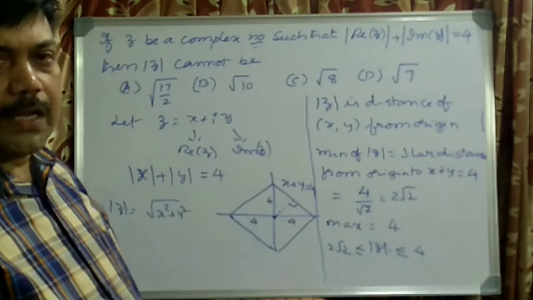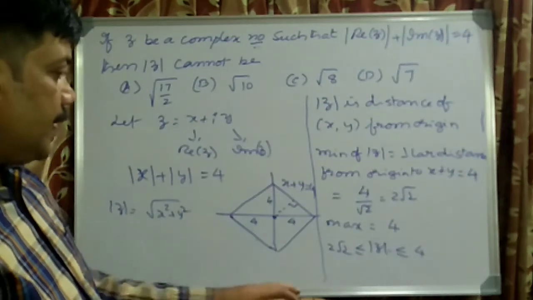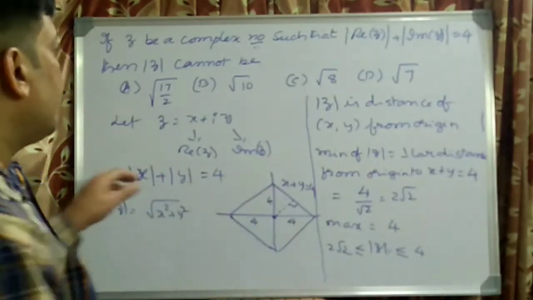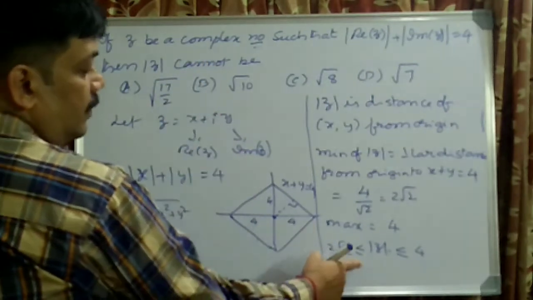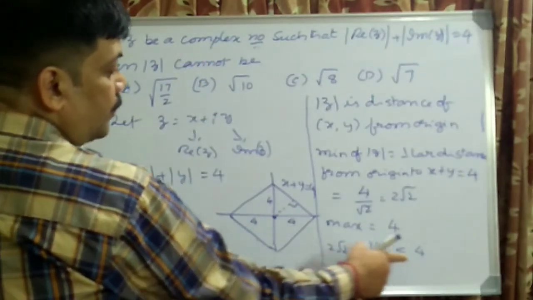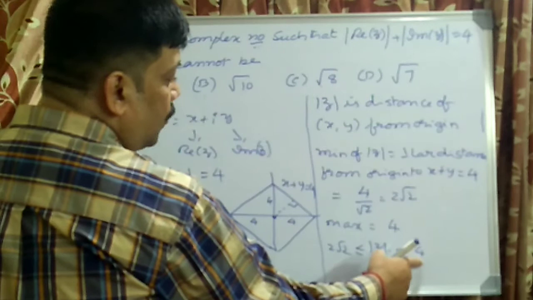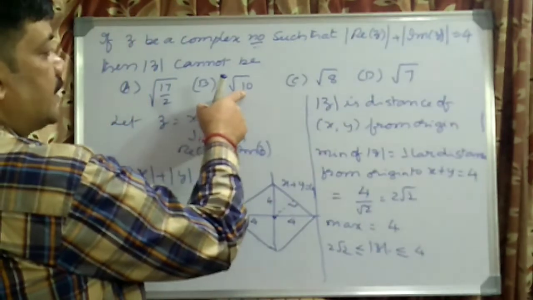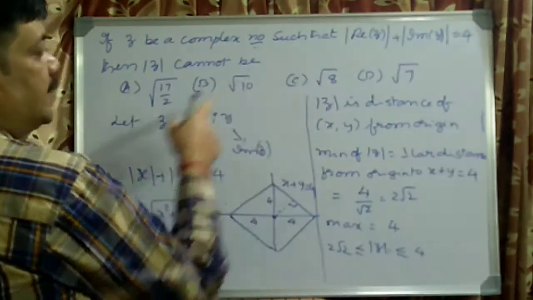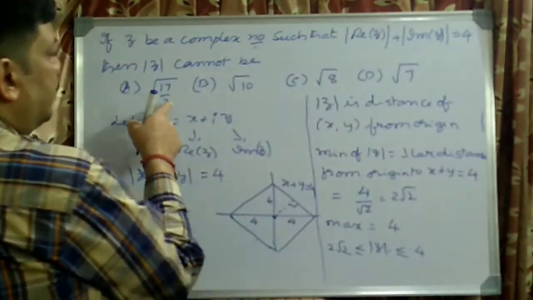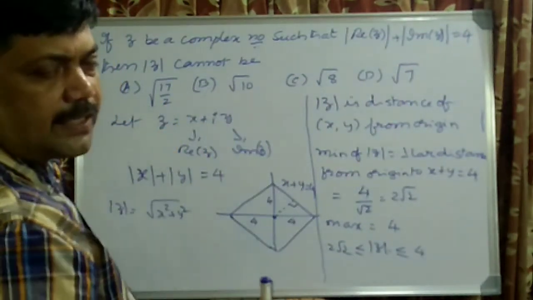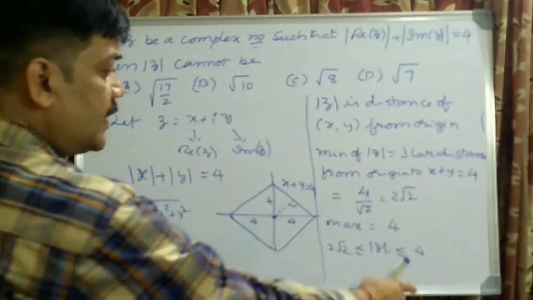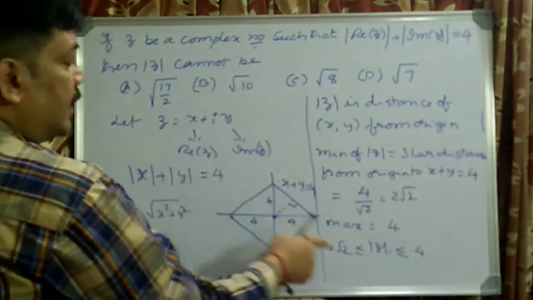Right. If you observe the question, my friends, it was asked verifying this 2 root 2. You can see 4 means root 16. This is less than root 16, this is less than root 16, this is less than root 16, and this is less than root 16. All the 4 options are satisfying this one. Now what about this one?